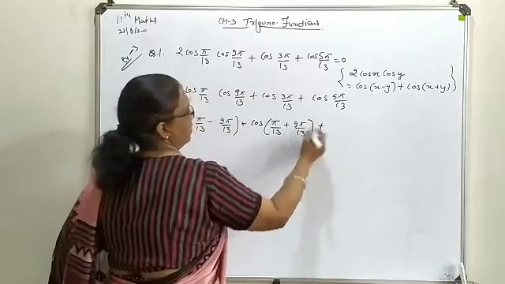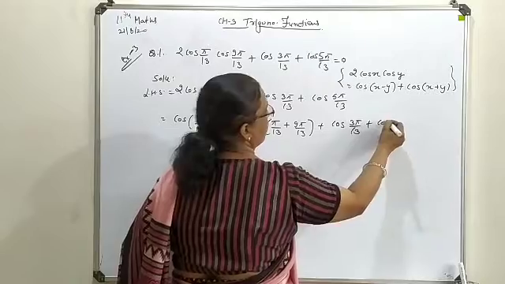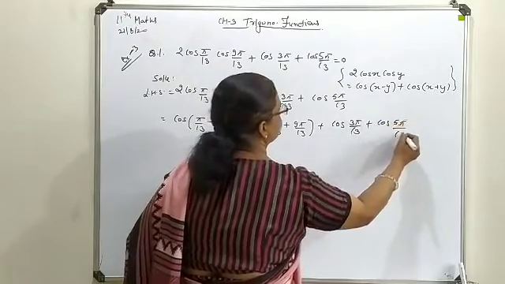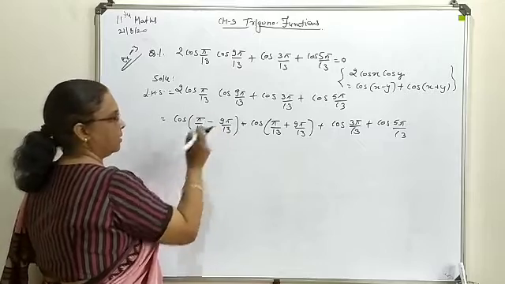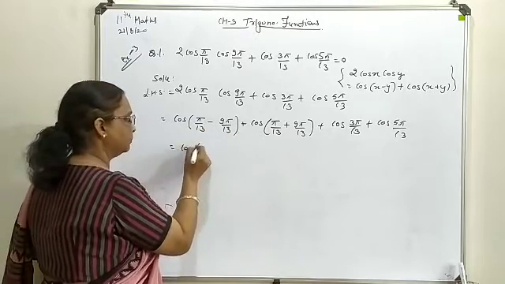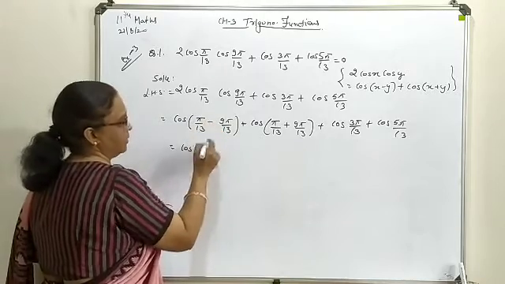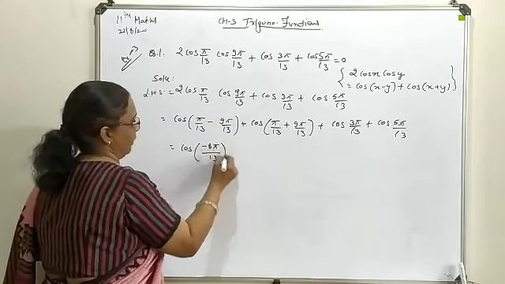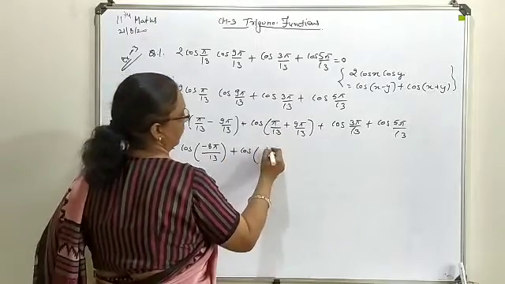These two you keep as such. Go for taking the LCM and combine this angle. This will give you 13, that means pi minus 9 pi, 1 minus 9, that is minus 8 pi. Here on adding 9 plus 1, you have 10 pi by 13.